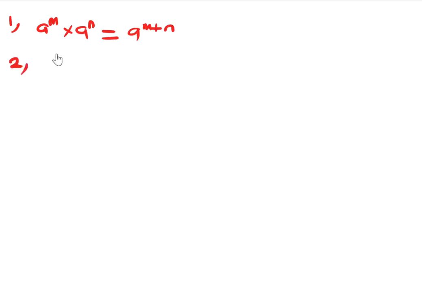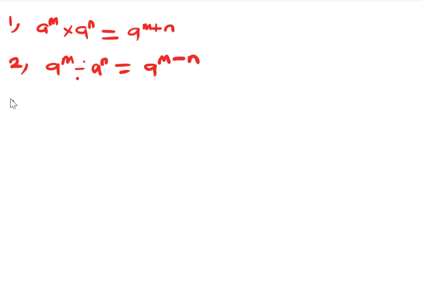Then for the division rule, if I have the same a raised to power m divided by a raised to power n, this is equal to a raised to power m minus n.